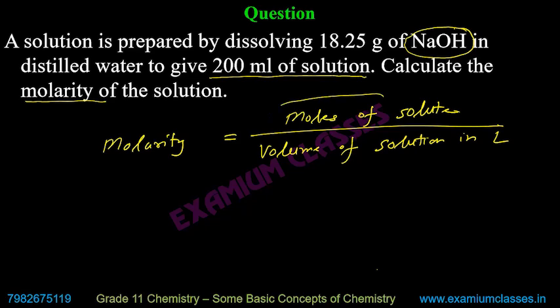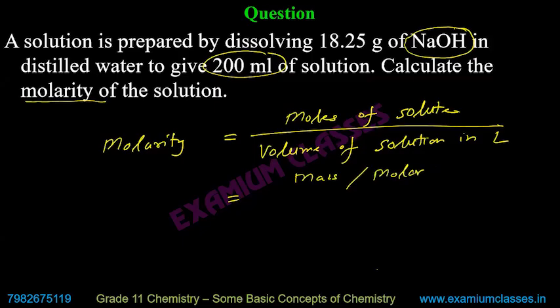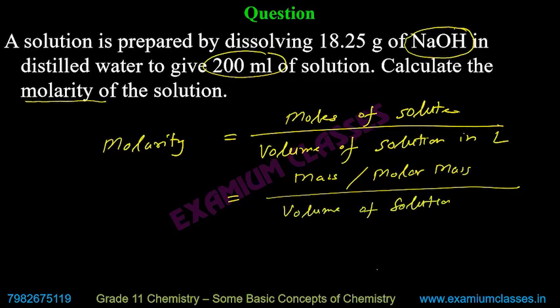It means you need moles of solute, moles of NaOH. Volume is given, 200 milliliter. So moles of solute will be given mass divided by molar mass, you know that, divided by volume of solution in liters.